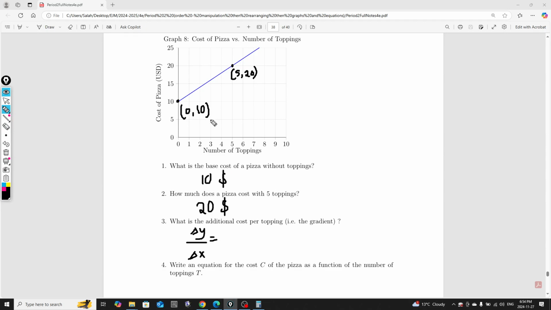The vertical change to go from 10 to 20 is an increase of $10. And the horizontal change to go from 0 to 5 is an increase of 5 toppings. And so $10 divided by 5 toppings is going to be $2 per topping.